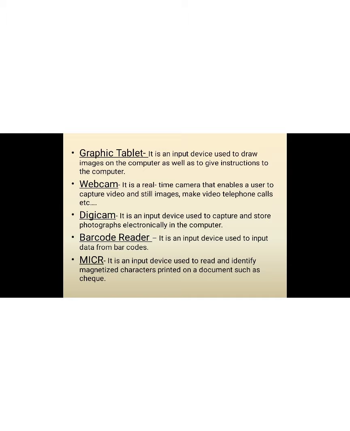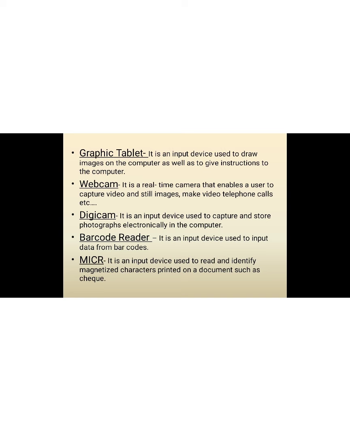This term you can define as an input device used to capture and store photographs electronically in the computer. Then barcode reader. It is an input device used to input data from barcodes. Last term is MICR. It is an input device used to read and identify magnetized characters printed on the document such as a check.